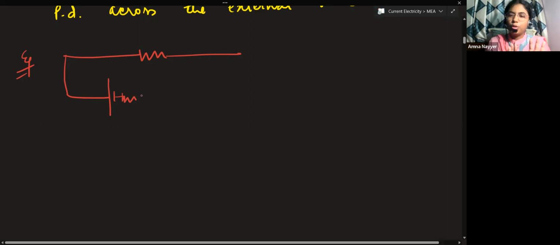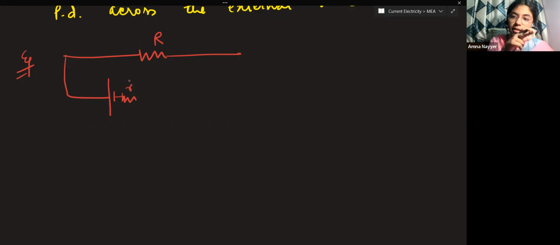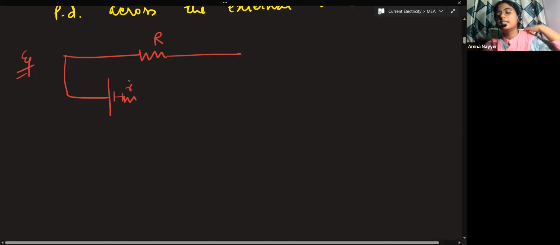That will show that it's the internal resistor. In most of your books, also in NCERT, the external resistor is represented by capital R and the internal resistor by small r. This helps us identify that small r is the resistance offered by the cell, and R is the resistor connected along with the wire, where the whole setup is made.